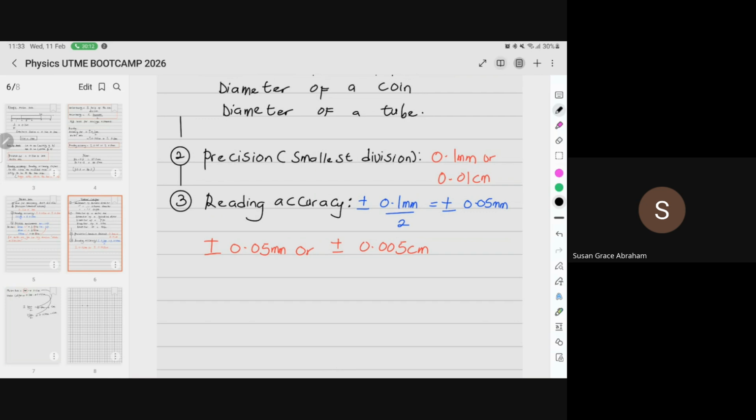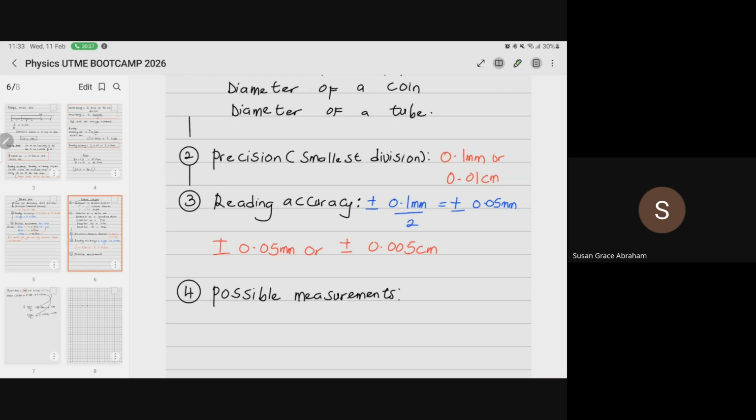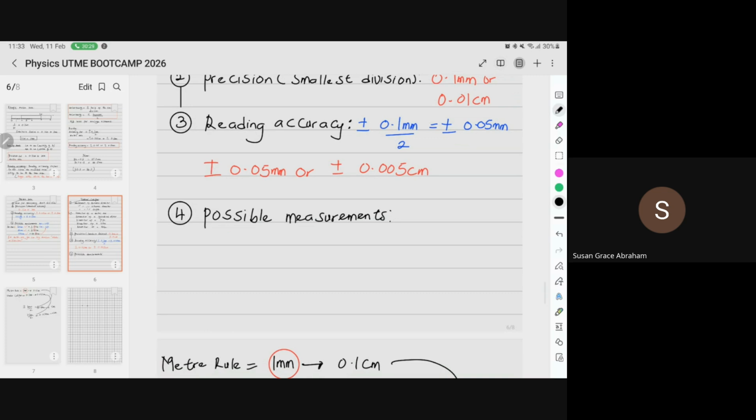Okay, good. So now, what are the possible readings? Possible measurements from a vernier caliper. For millimeter, it is going to be 1 decimal place.